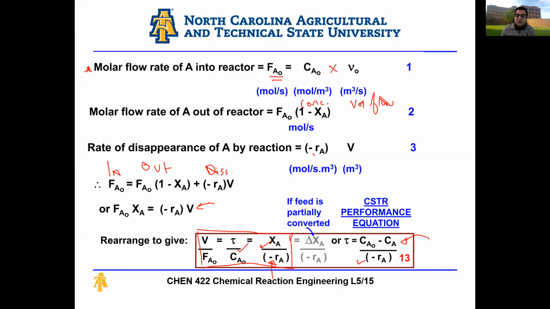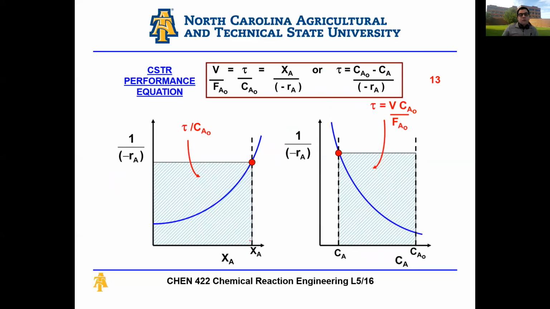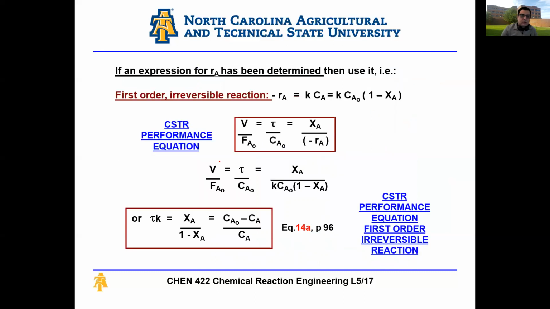So this is your CSTR performance equation. Second important takeaway point from this lecture: your CSTR performance equation again, so remember them, please. Know where to locate them, and know what each of these variables represents. And if you plot 1 over minus RA versus XA, these are the types of plots you get, and you can always translate an equation, especially a differential or integral equation, to area under the curve or slope or whatever you want.